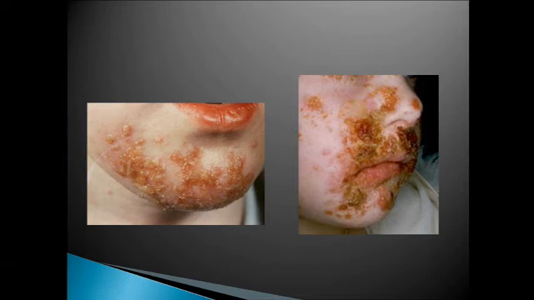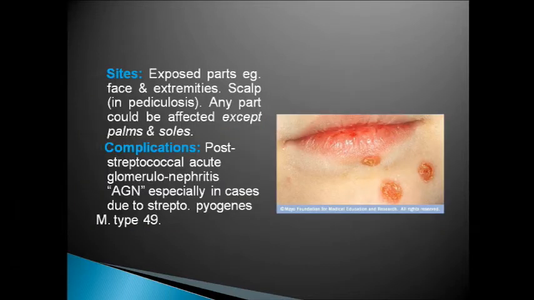So impetigo is mostly a superficial infection affecting the stratum corneum. It can be bullous or non-bullous type. Non-bullous impetigo is mostly caused by staph and strepto both. There will be crusting of the lesions and seropurulent discharge, which may dry and form a crusted lesion.